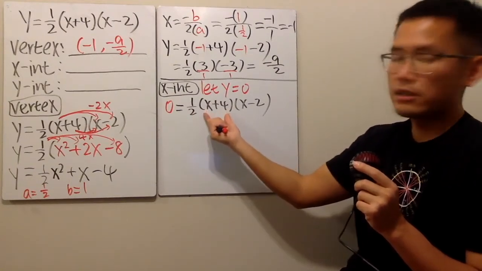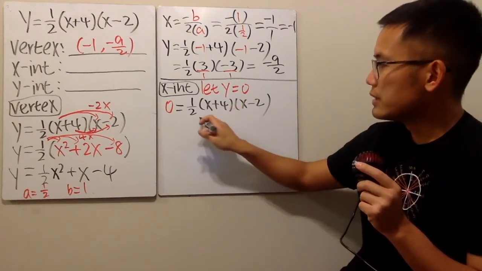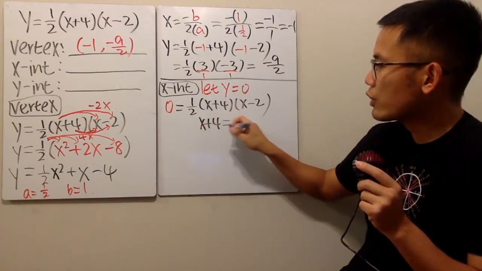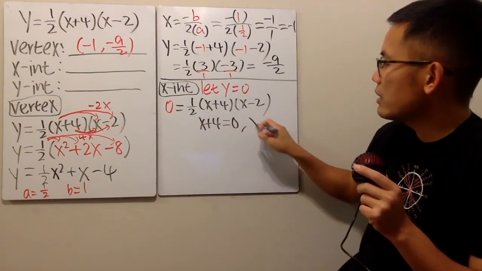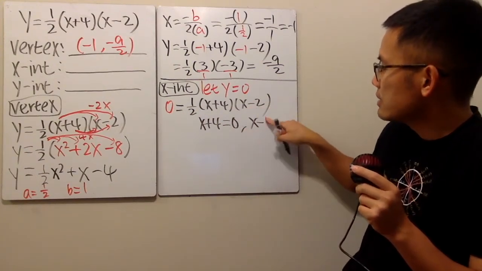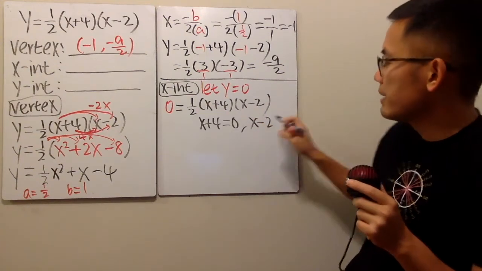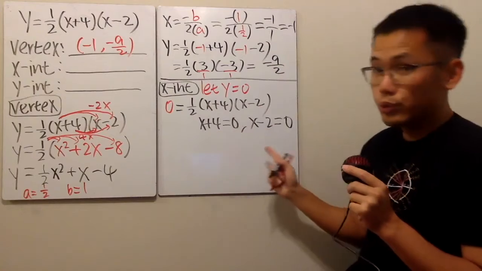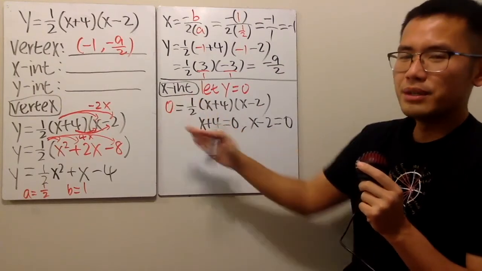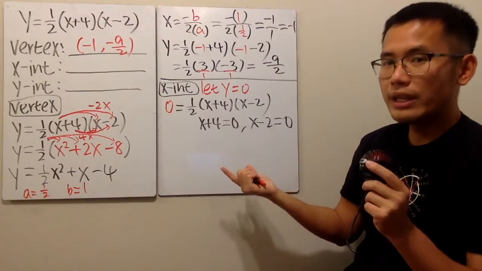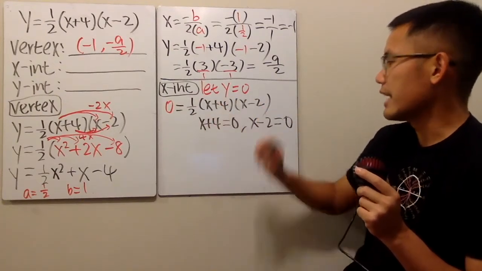This factor has x plus 4, so you are going to make this 0. Then this one has x minus 2, so go ahead and make that equal to 0. These are the two equations that we have to solve, right? The 1/2 doesn't really matter because 0 times 1/2 will be 0. Just focus on this and that.